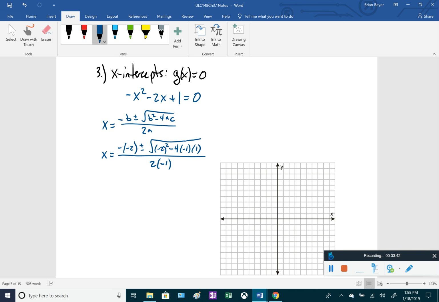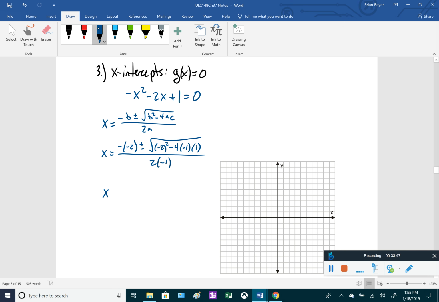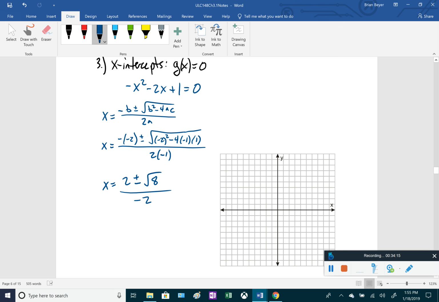Okay, so if we went through and evaluated this, we end up getting 2 plus or minus that discriminant. The radicand, what's under the radical, is called the discriminant here. We'd end up getting the square root of 8 and then -2 in the denominator. So we could simplify that square root of 8 and make it 2 radical 2 and then cancel off factors of 2, but I'm just going to leave it like that for now.